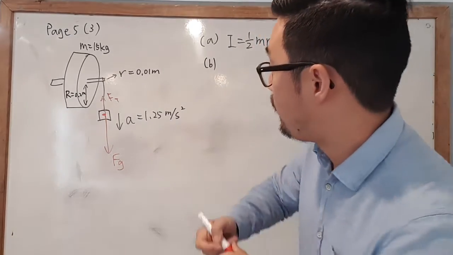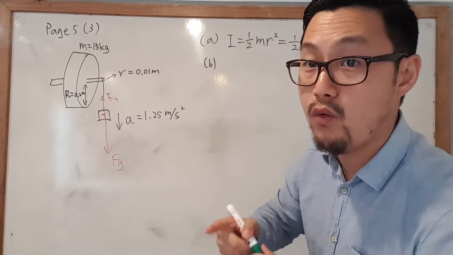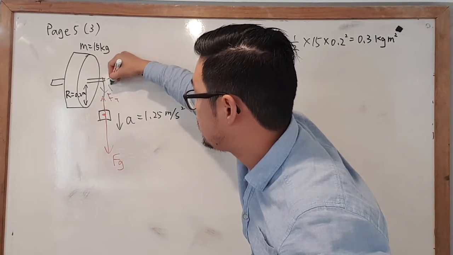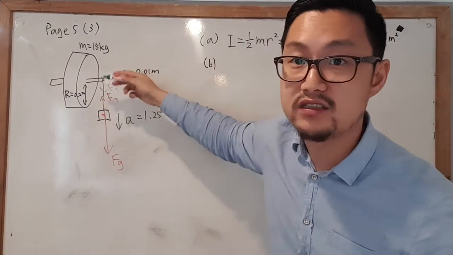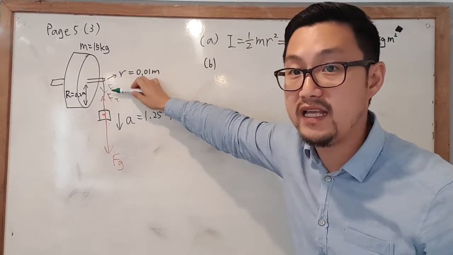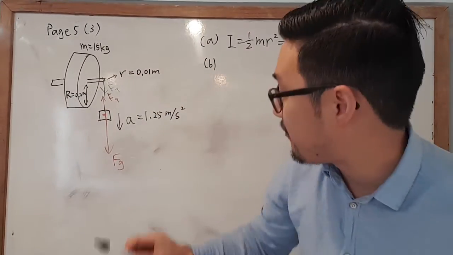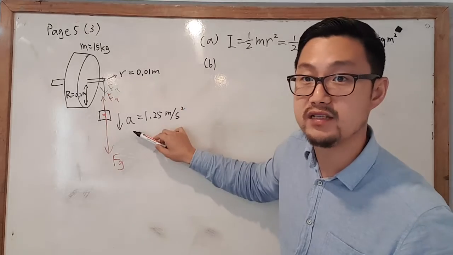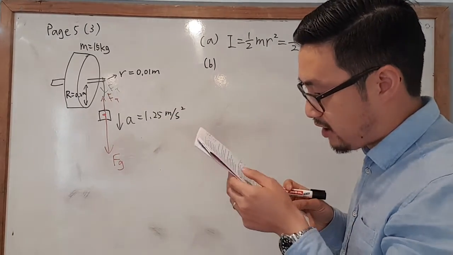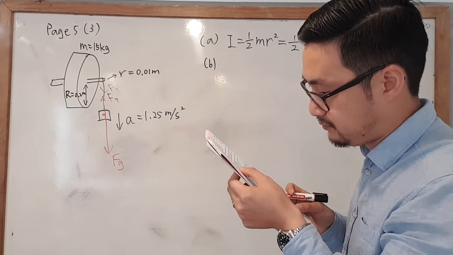Over here on the axle, I'm going to use a green pen. There is only one force acting on the axle, and that is the tension force pulling it downwards, making it rotate. This tension force equals the tension force over here. But gravity does not equal the tension force, because some of gravity is used for acceleration.